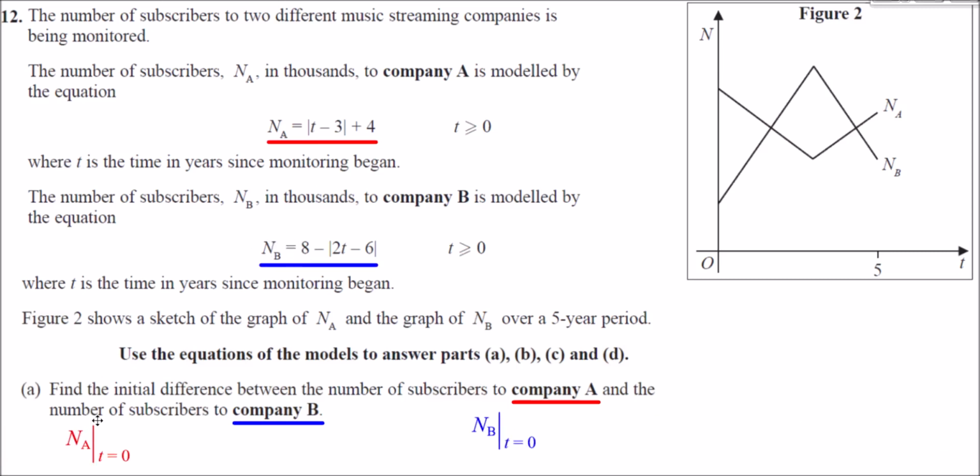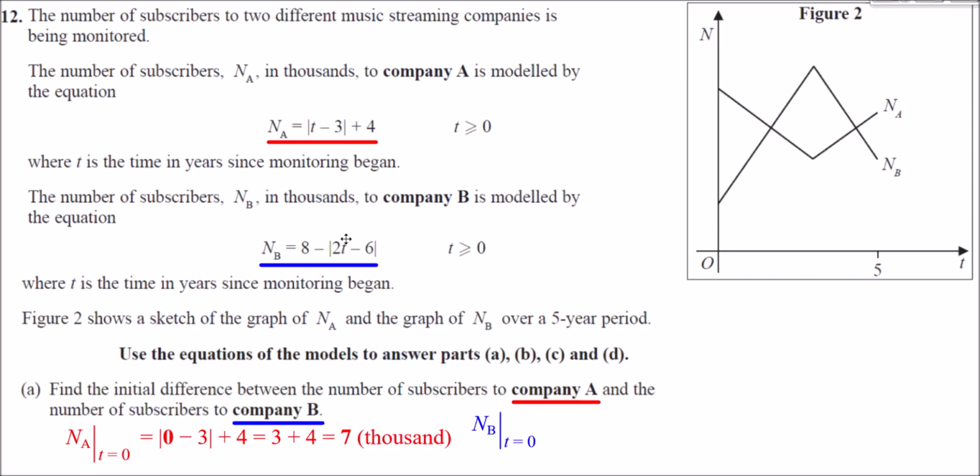If I input t equal to 0 for company A, I get that the number of subscribers is the modulus of 0 minus 3, plus 4. The modulus of 0 minus 3, though, is just 3, so that becomes 3 plus 4, which is 7. But bear in mind, we're talking about thousands of people. So at time 0, company A had 7,000 subscribers.